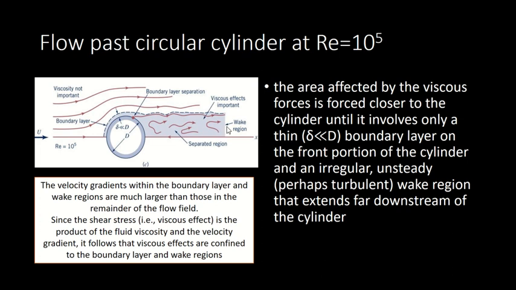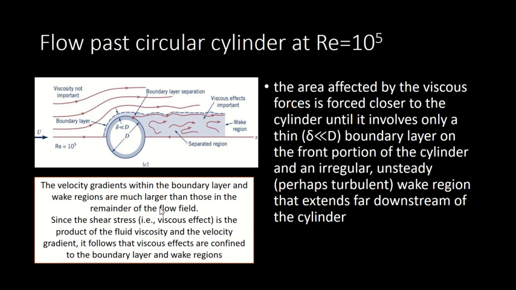In this phenomenon, recall velocity gradient from chapter 1. The velocity gradients within the boundary layer and wake region are much larger than those in the remainder of the flow field.